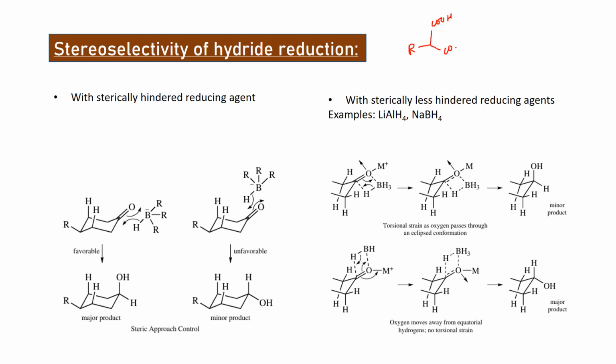All these things I discussed in the last class. If you are interested, you can go and check. Still, for a recap, I am just giving it. Now you want to selectively reduce this acid group. If you add LiAlH4, the common reagent, both the acid and ester group will be reduced to alcohol.